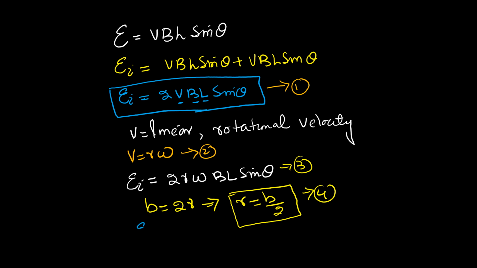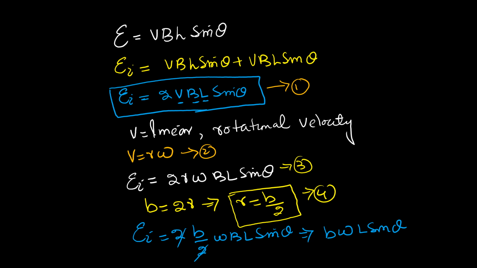So we can get induced EMF is equal to 2 times b by 2 into omega BL sine of theta. So 2 will cancel with 2 and we can get B omega L sine of theta. And we forgot the B, we write B magnetic field here.